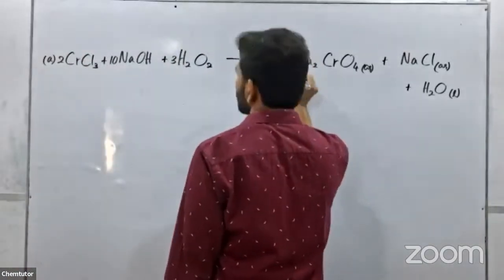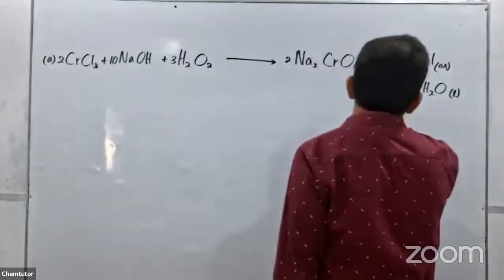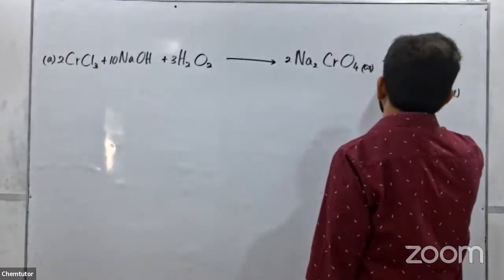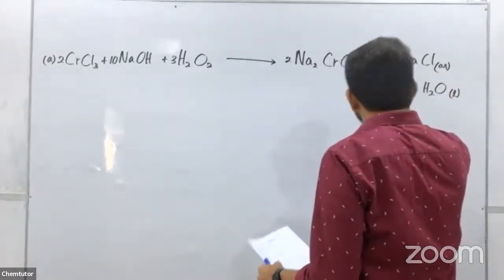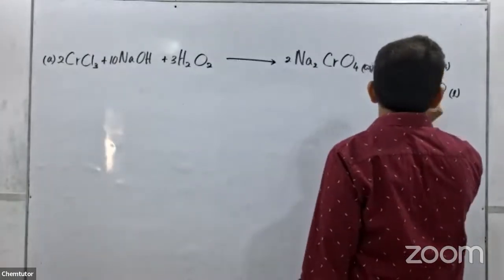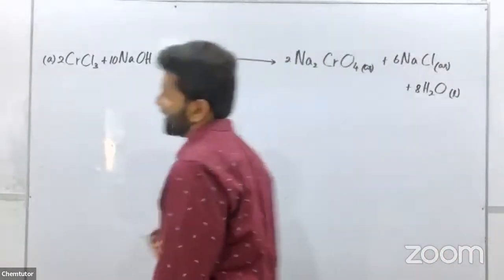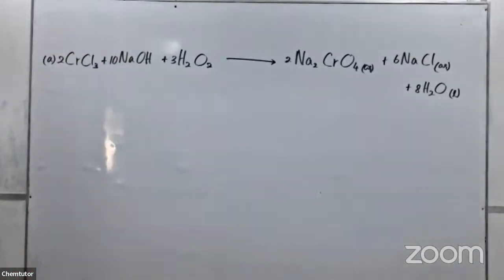It gives 2 sodium chromate, 6 sodium chloride, and 8 H2O. Now it is balanced. Okay. I'm not going to teach you the balancing part over here because balancing is something else. We will be learning balancing later.